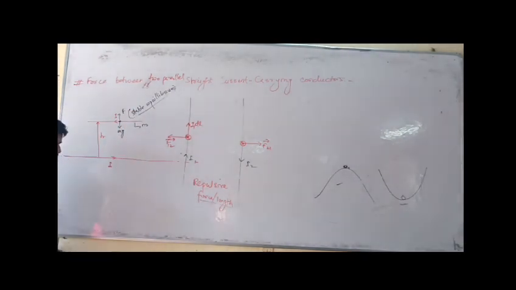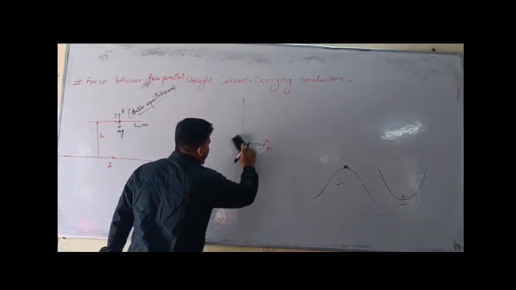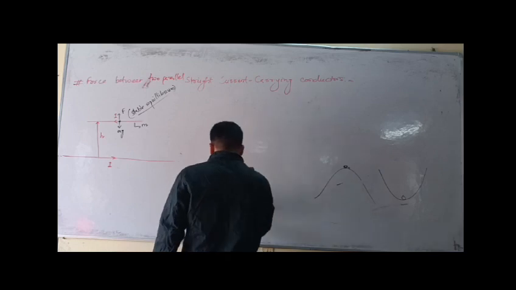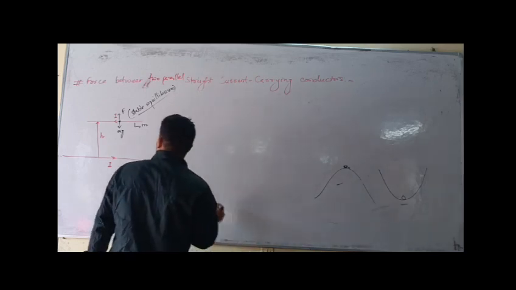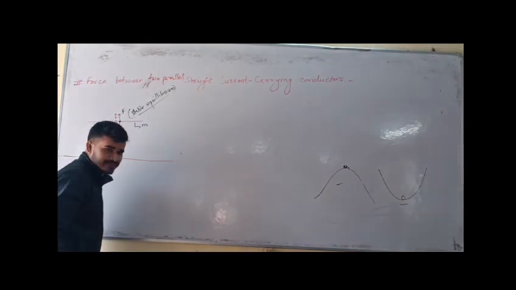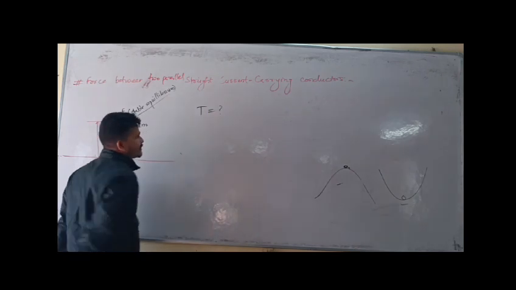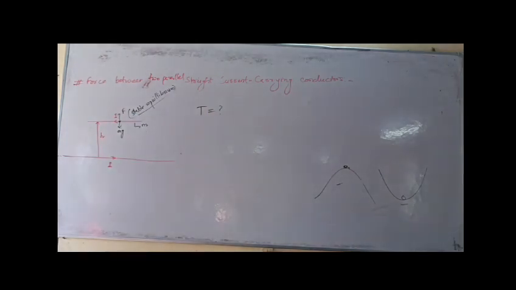Yes or no? Yes. Now, can you please calculate what is happening here? If I displace it a little bit, it will have SHM. Can you calculate the time period of this oscillation? I already gave you a hint to calculate.